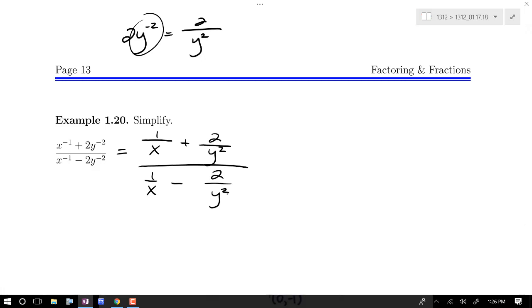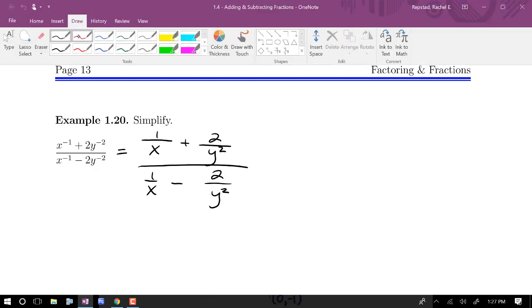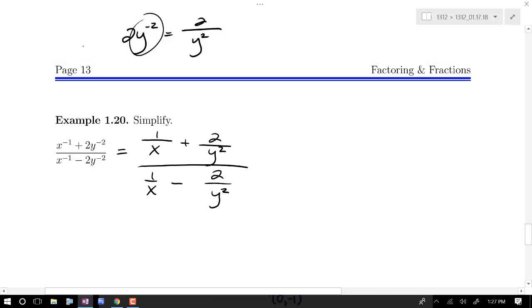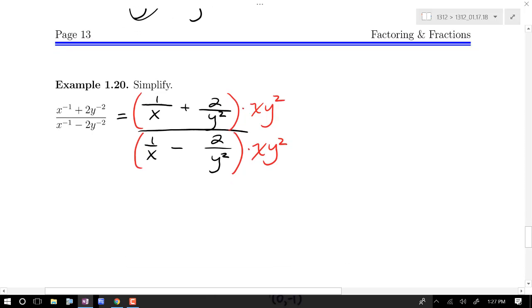If we look at the fractions present here, what is the least common denominator? Xy squared. So I'm going to multiply the top and bottom of the big fraction by xy squared. And then we're going to distribute. So I think I'll just write them out.